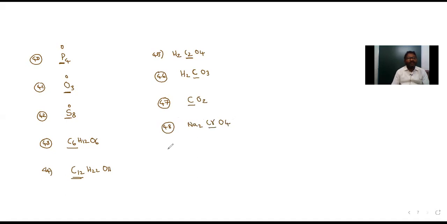Na2CrO4, I want it for chromium. NaHCO3, I want it for carbon.